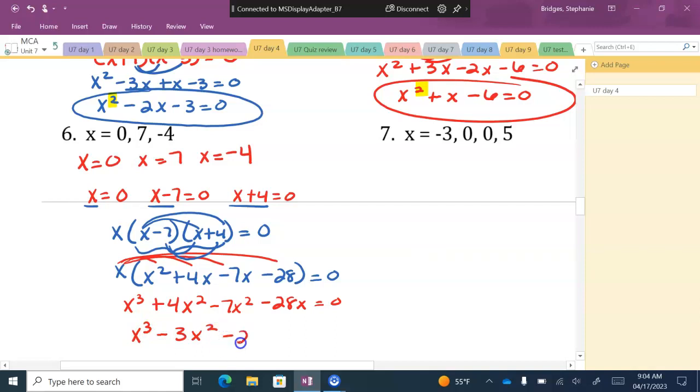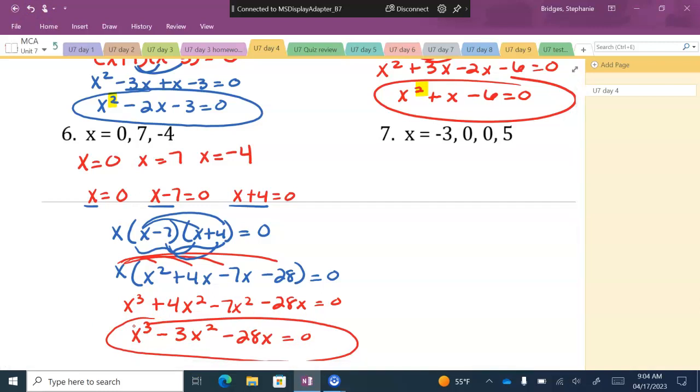Either one of those steps can be rearranged. And my polynomial equation is x to the 3rd minus 3x squared minus 28x equals 0. Or you could put y equals in front of it. Is that one okay? All right.